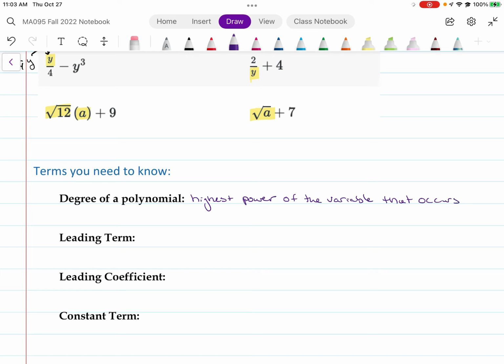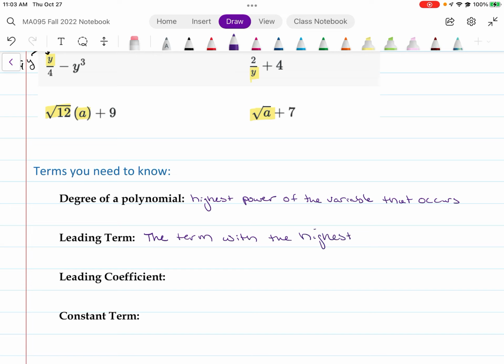The leading term is not the first one, so that's not how we define the leading term. If it's in standard form, it would be the first one, but it's not always in standard form. So the leading term is the term with the highest degree.